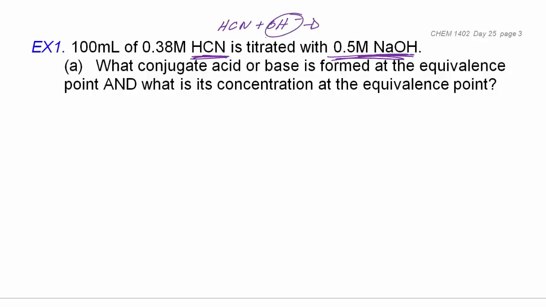All right, this will grab that hydrogen. I'll get water and cyanide. Okay, so that is what we're after. The concentration of cyanide equals what? Two parts. The moles of cyanide divided by the total volume.